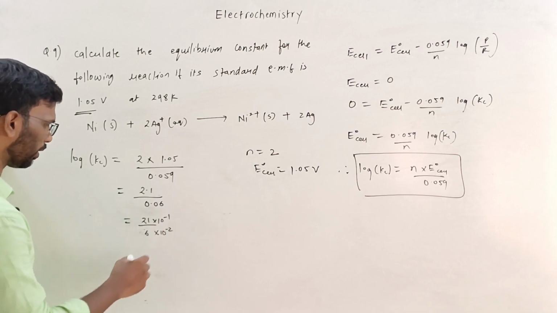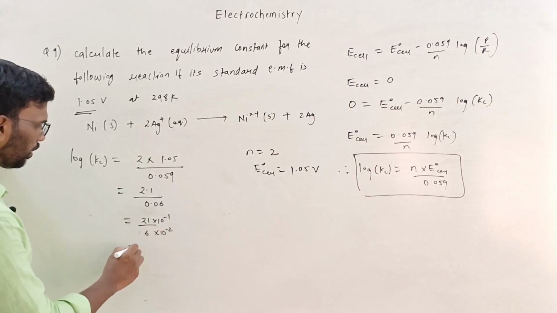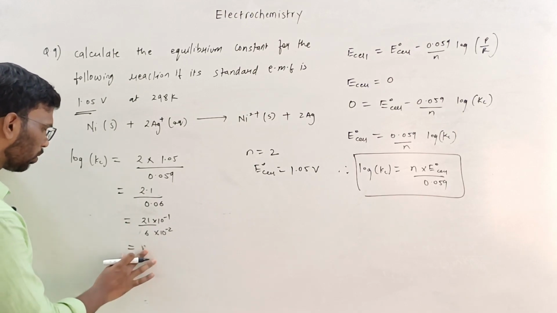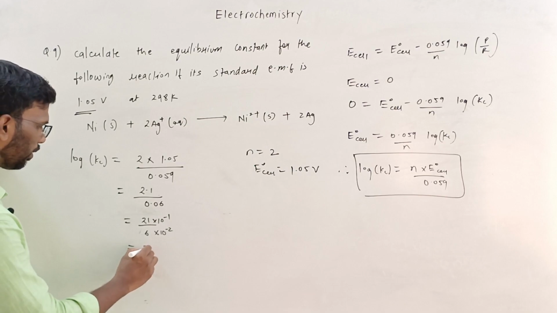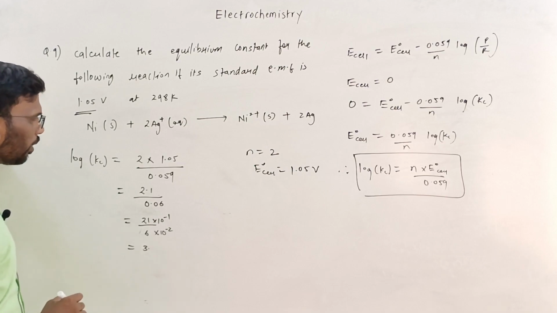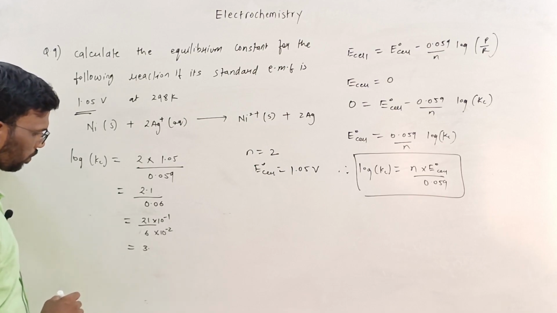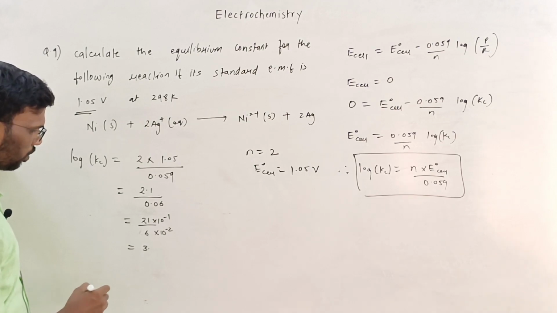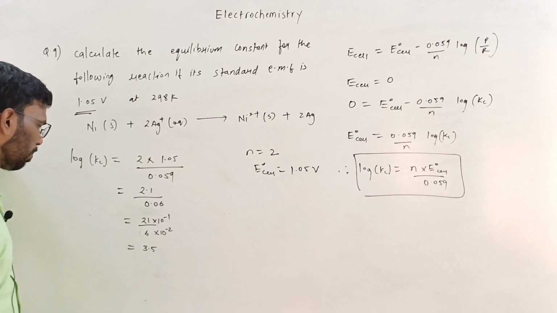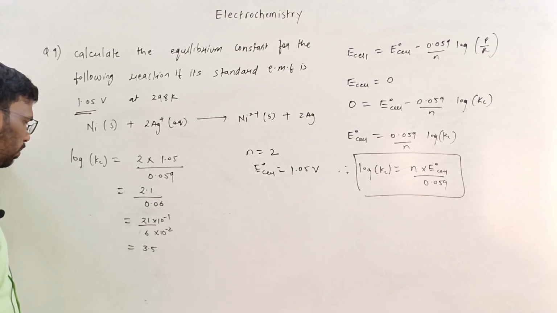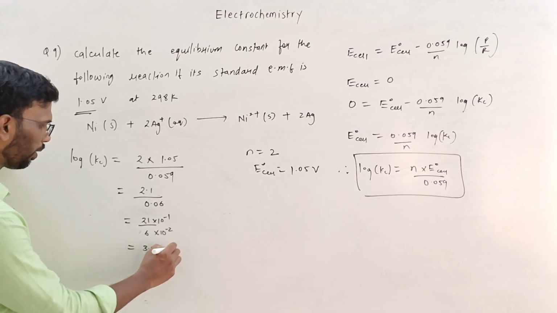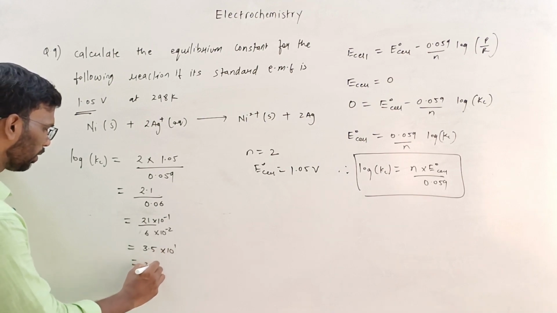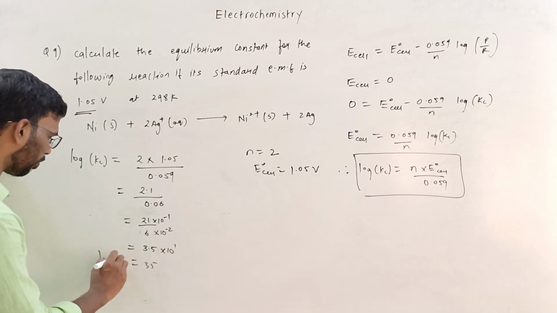So 6 3s are 18, and the result is 3.5 into 10 raised to 1. So this is 35. Log of Kc is 35.